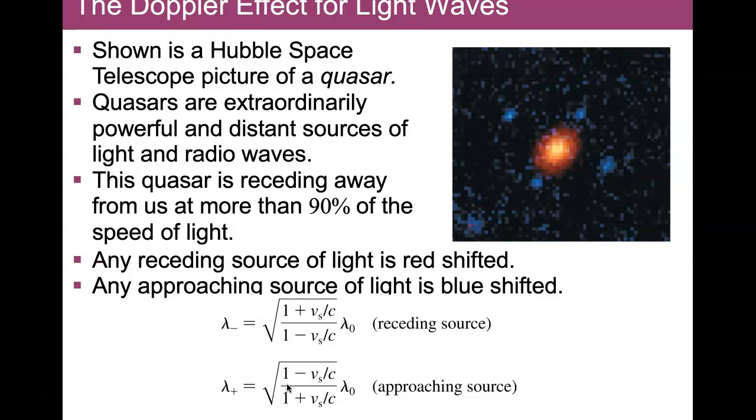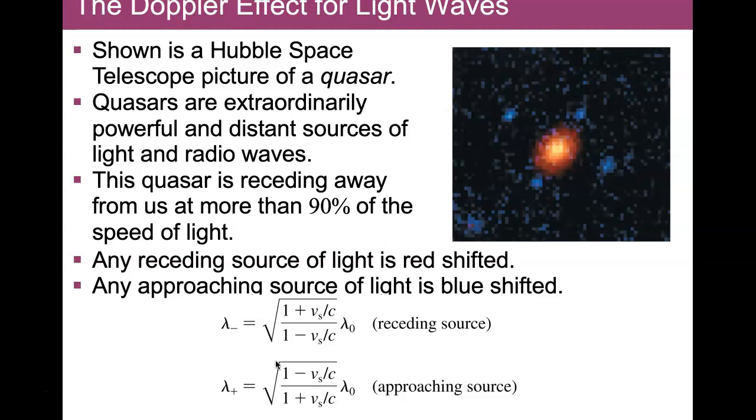It gets multiplied by this factor: 1 minus Vs, the speed of the source, over C, the speed of light, over 1 plus Vs over C, the whole thing under square root. So that's a consequence of the special theory of relativity. We won't be able to derive this here without doing a lot of background work.